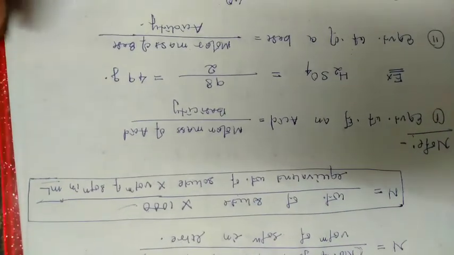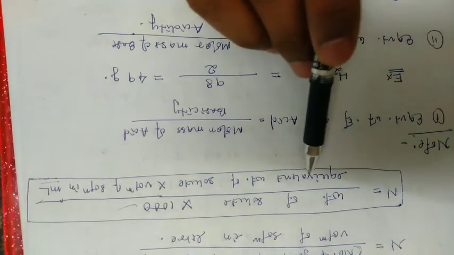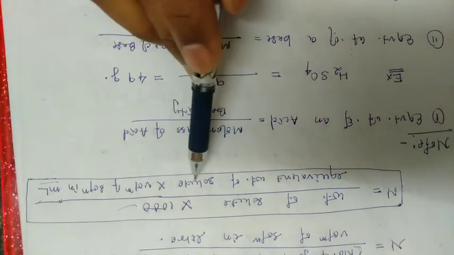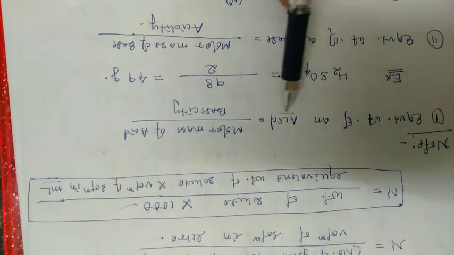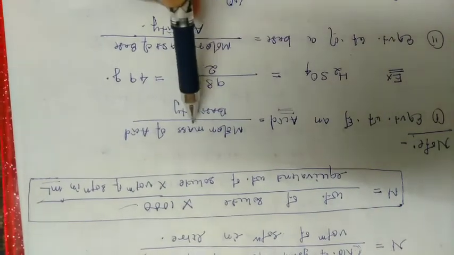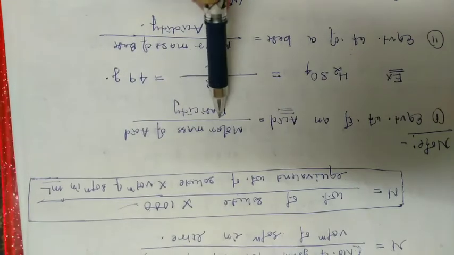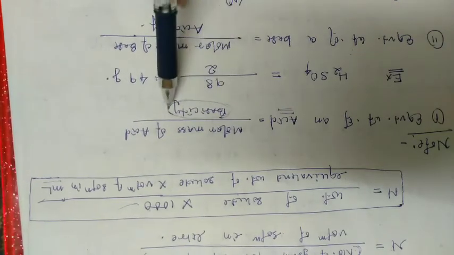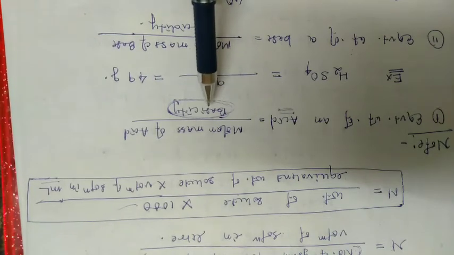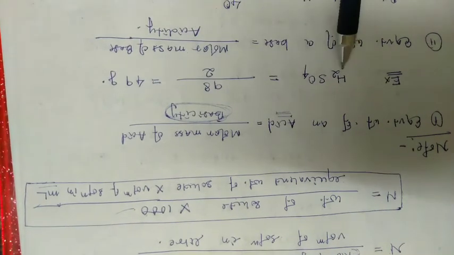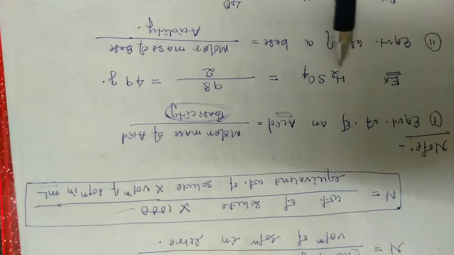So now the question is, how can you calculate equivalent weight of a solute? Equivalent weight of an acid, how can you calculate? By dividing molar mass of acid by the basicity. Basicity means number of replaceable protons in an acid. So let us calculate the equivalent weight of sulfuric acid.